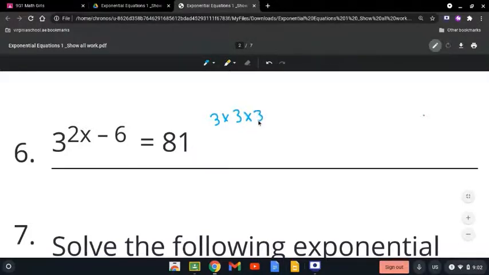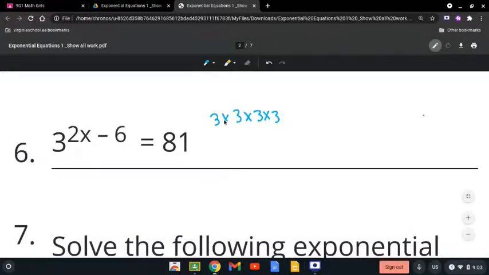You can also use a calculator for this, it's totally fine. So 3 times 3 is 9, and then times 3 is 27, and then you're going to write times 3, and you're going to get 81. So now we actually reached the number 81.